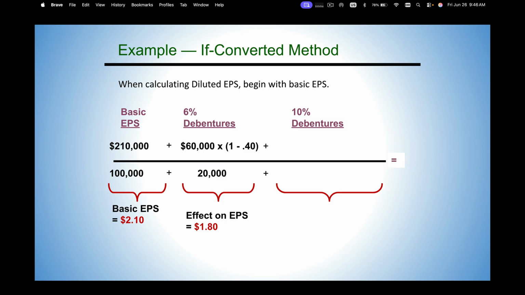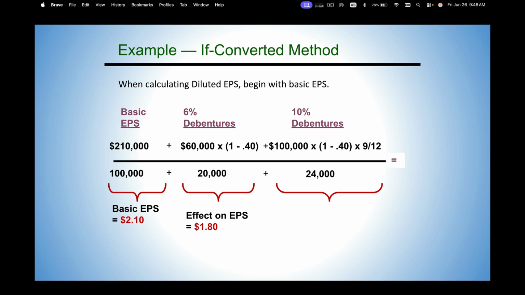For the 10% debentures, 10% of a million is 100,000 of interest times the after tax effect 0.6 is 60,000, and remember they were issued on April 1st, times 3/4 is going to be 45,000. So that's the numerator in this part, 45,000, and they're convertible into 24,000 on a weighted average basis.